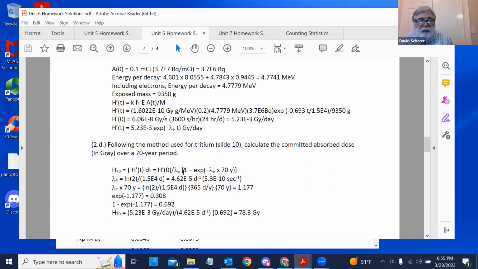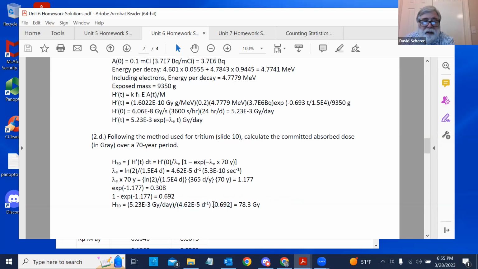So back here, H70, the 70-year committed dose, is H0, that's what the decay rate was at time equals 0, divided by the effective decay constant, which is this, and then the 0.692 is this 1 minus e to the minus lambda t.